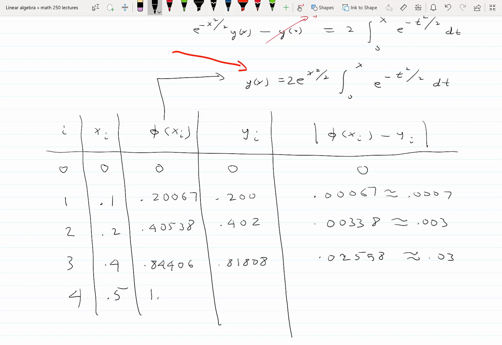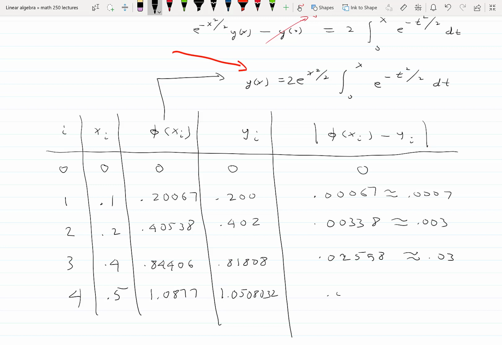Finally, I've rounded off my actual values here to 5 decimal places of accuracy. The actual value is 1.0877. Our estimate was 1.05032.